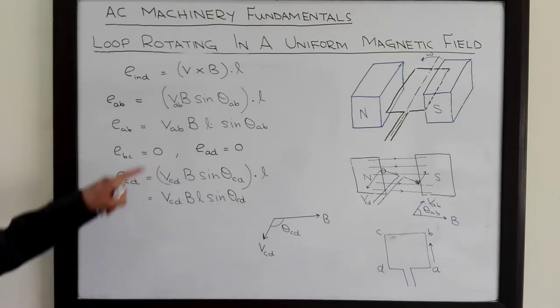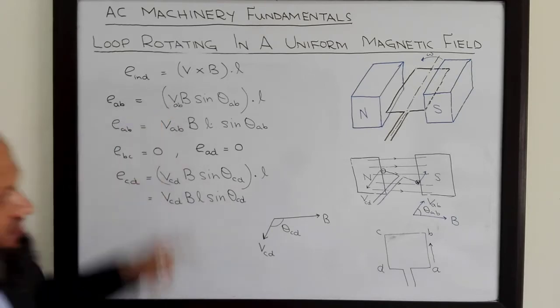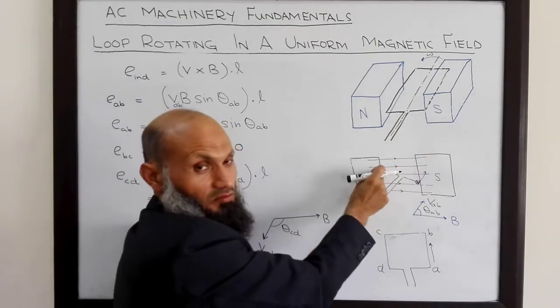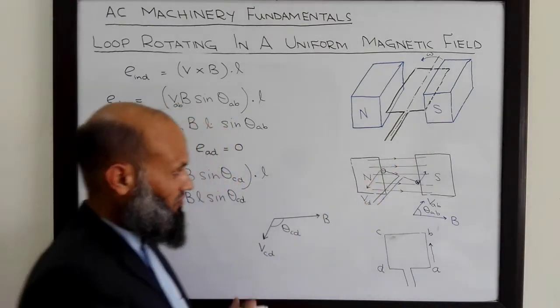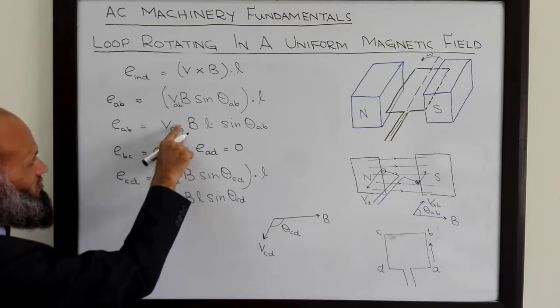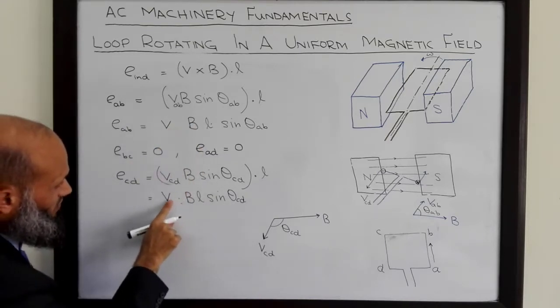What we further observe is that the linear velocity of this side of the coil is the same as the linear velocity of this side of the coil. So let's call it V, and we can omit the subscripts here and here.